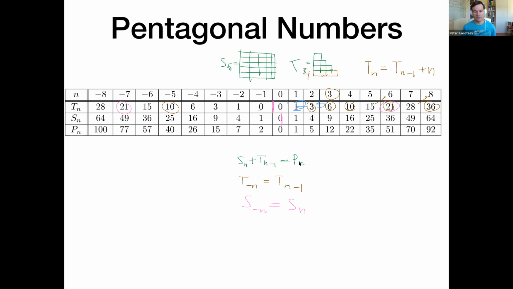Good. So now how about P with negative n? Is there any connection between P with negative indices and P with positive indices and something else? There's like P negative n equals P n plus n. That's right. Good.